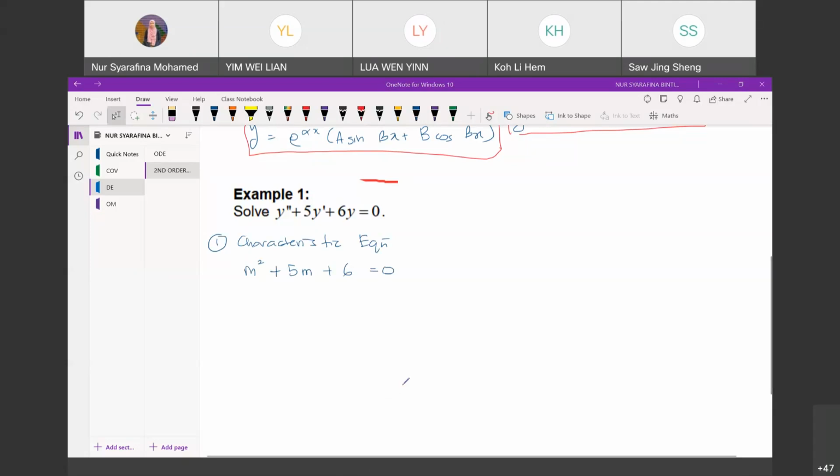So solving this quadratic will give you the roots.